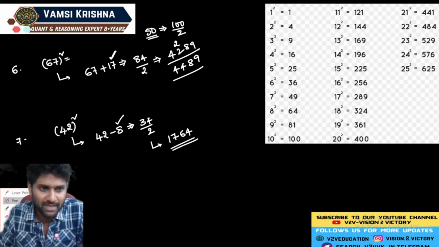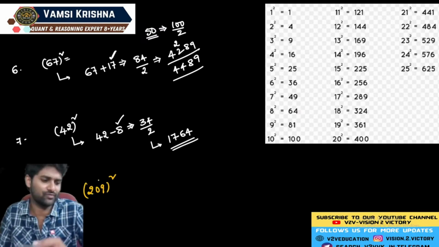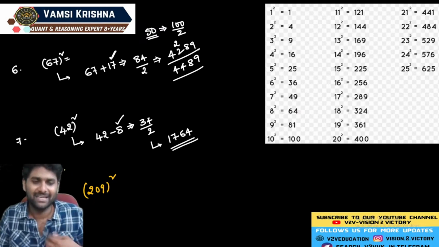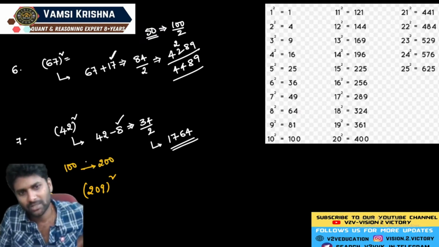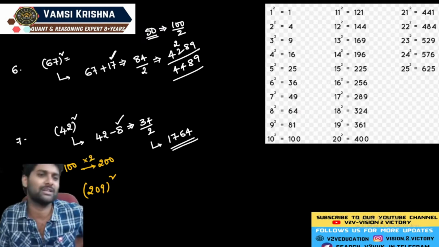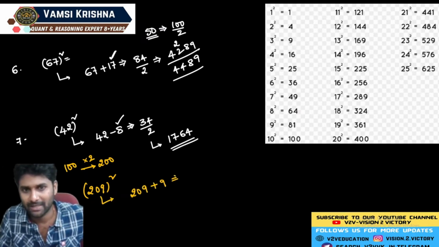For example, you have one more doubt, sir. If 209 whole square, what is the approach for 209 square? Now guys, you have to take 200 as a base number. You already know that 100 becomes 200, which means you should multiply by 2. Same approach. First, 209 is more than 200 by 9 units. Now 209 plus 9 is equal to 218.